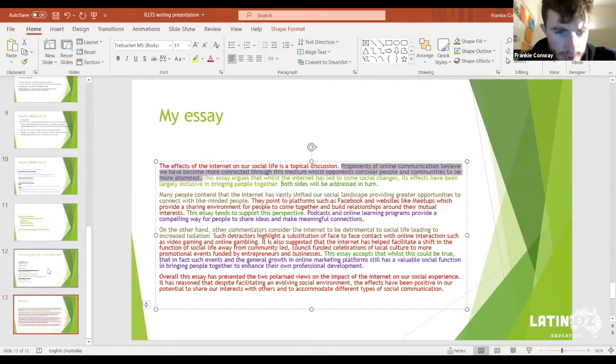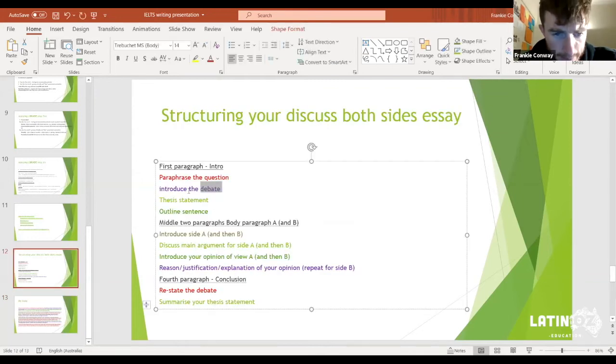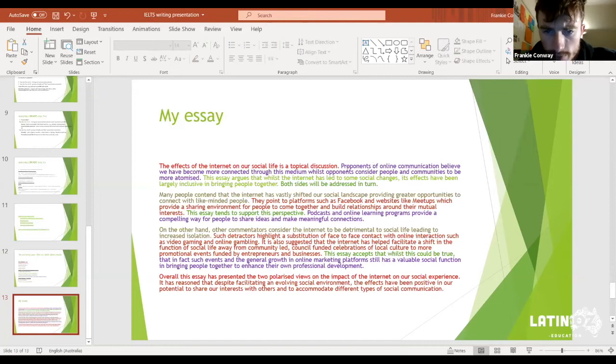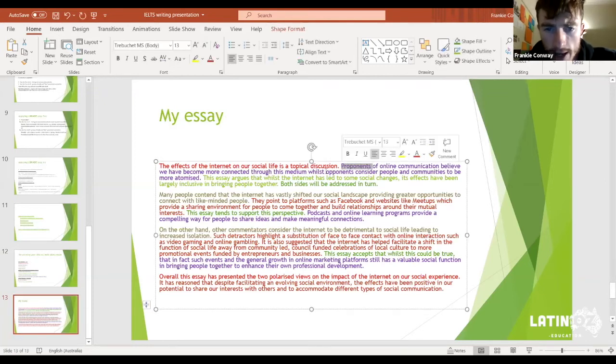So in that sentence, guys, I have introduced the debate. Proponents being the people for, and opponents being the people against. Then I have highlighted my thesis statement. So this essay argues that whilst the internet has led to some social changes, its effects have been largely inclusive in bringing people together.